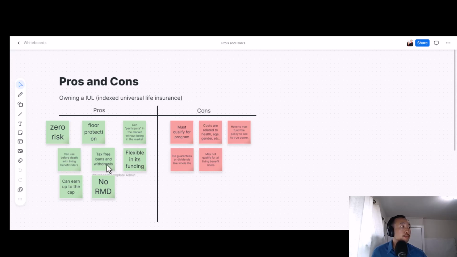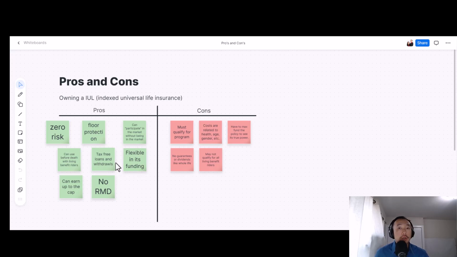The next pro is that you get to have tax-free loans and withdrawals. The next pro I want to discuss is that you can add a living benefit, or you can access this money before you die for health reasons. And then the next pro of owning an IUL is there are tax-free loans and tax-free withdrawals.